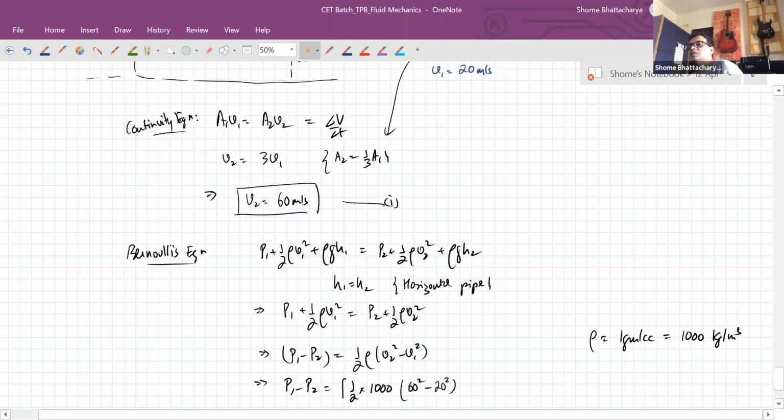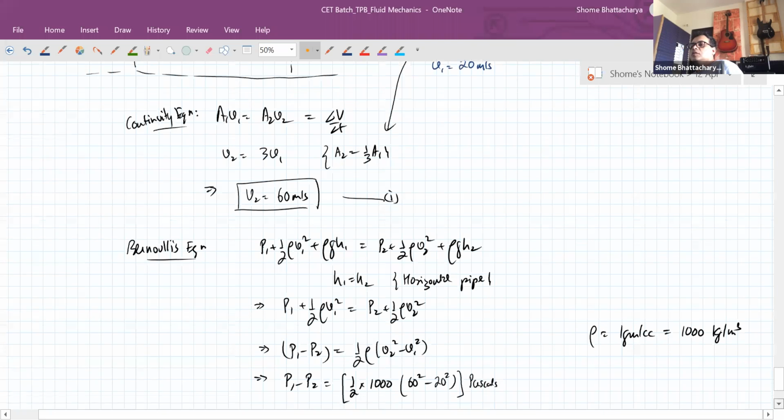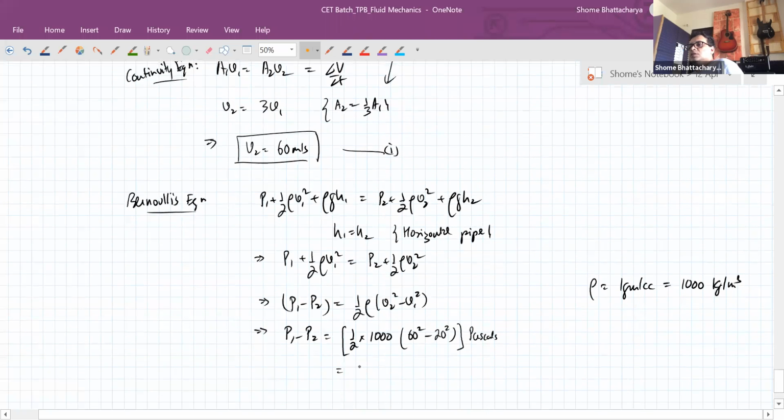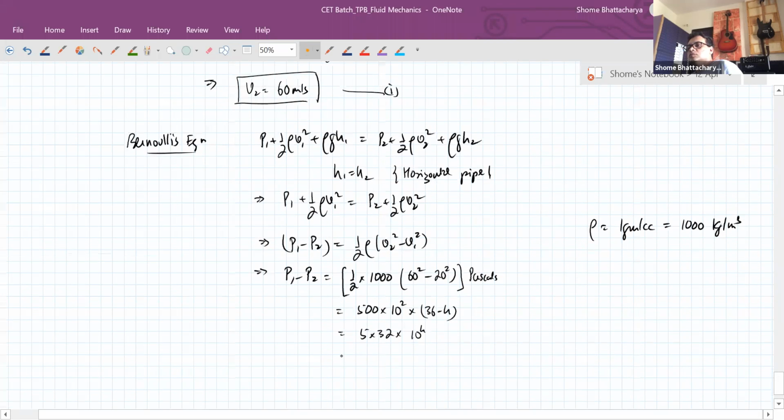So this will give us the pressure difference in the SI unit of pascals. Let's check out how much this is. This is 500 into 10 raised power 2, we can take common, so 36 minus 4. 5 into 32 into 10 raised power 4. So 1.6 into 10 raised power 6 pascals. This is the pressure difference.